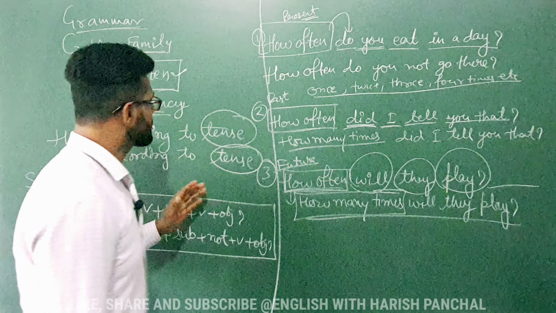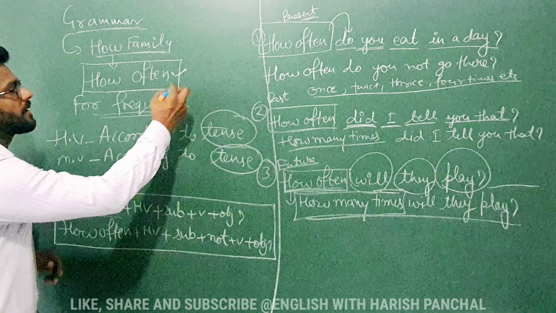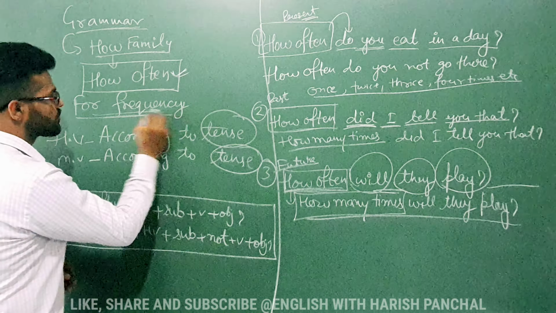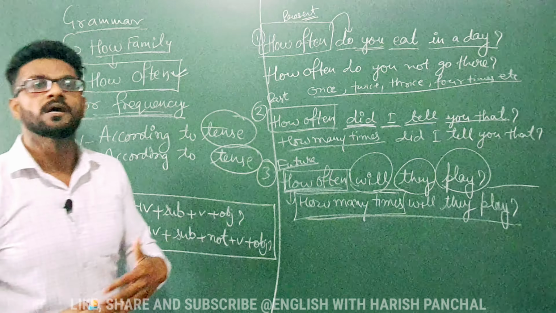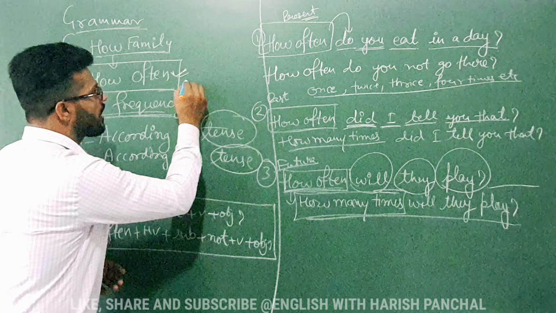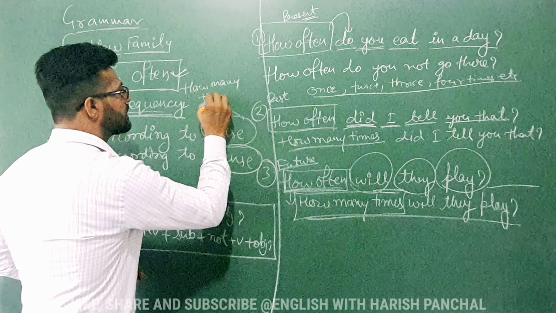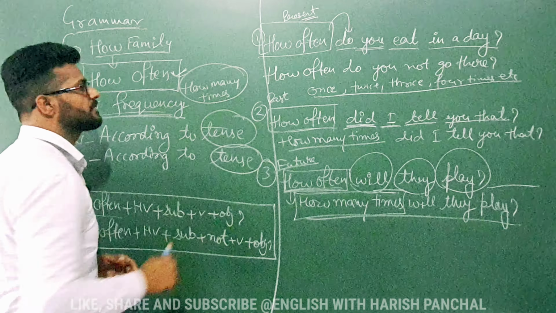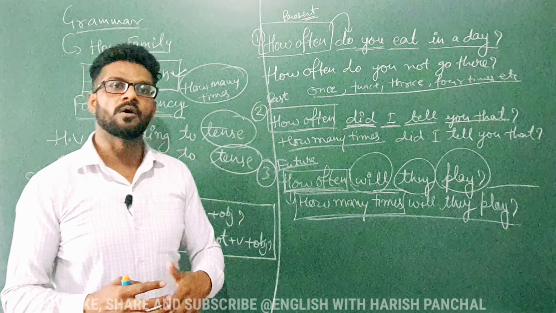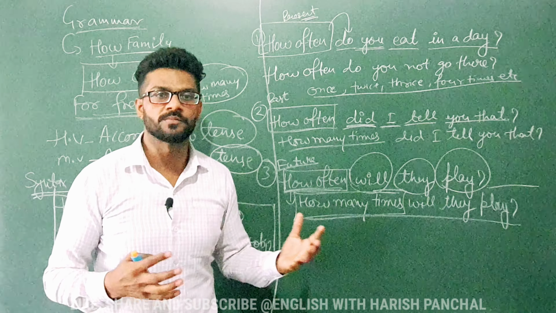So in today's class we have discussed how often. How often shows frequency, means how frequently you do any action, or how many times you do any action or perform something.